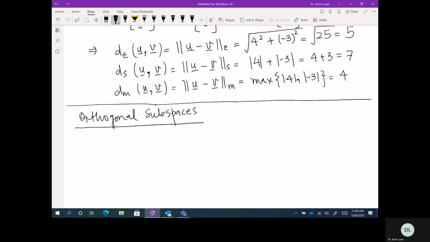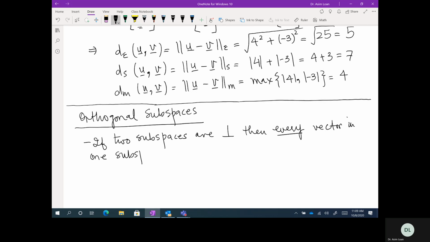If two subspaces are orthogonal, then every vector in one subspace must be orthogonal to every vector in the other subspace.